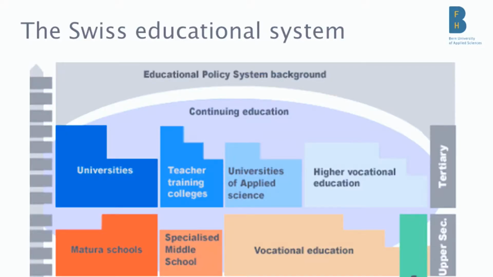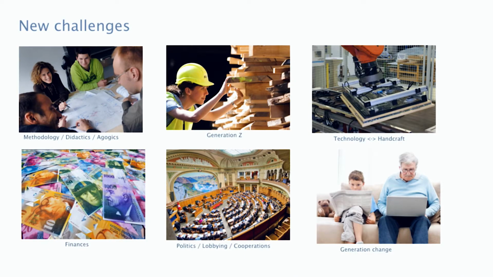But we need digital references. We need reference objects, and we have to look at all these new challenges. We have a new generation of people with absolutely new skills and grades, and we always have this problem of financing, the politics and the generation change that we have to take care of.